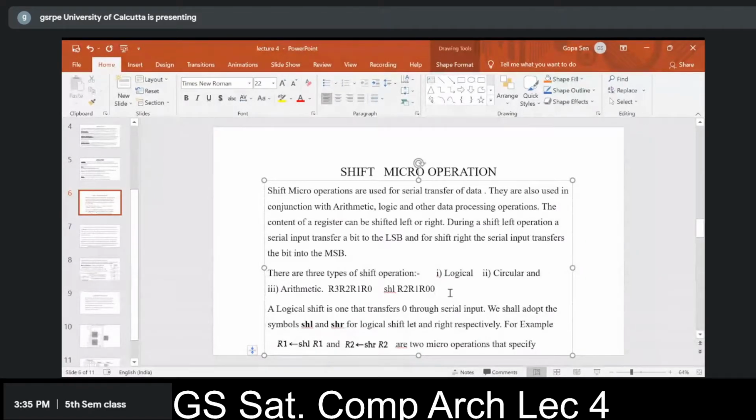Similarly, if logical shift right operation is executed, what will happen? R0 will be lost, then R1 will move to R0, R2 will move to R1, R3 will move to R2, and the vacancy will be created at the place of R3 where 0 will be introduced.